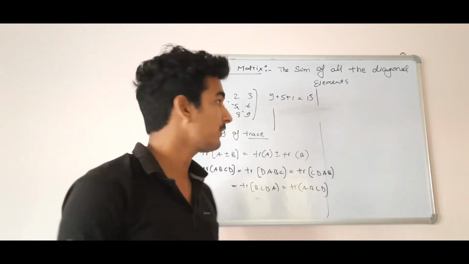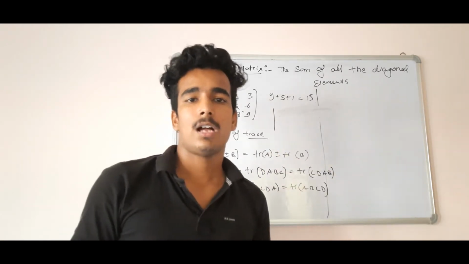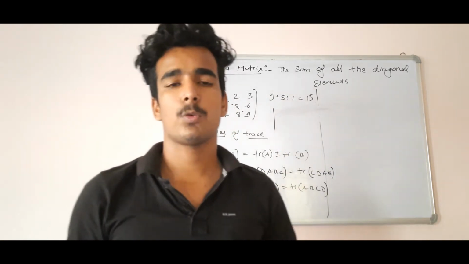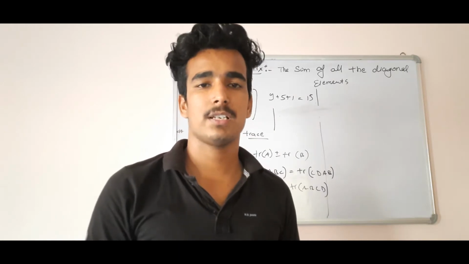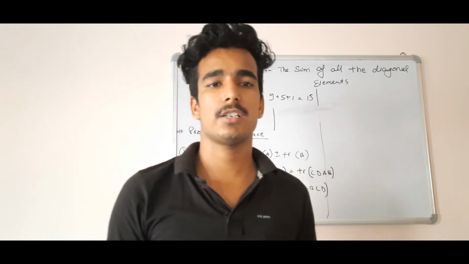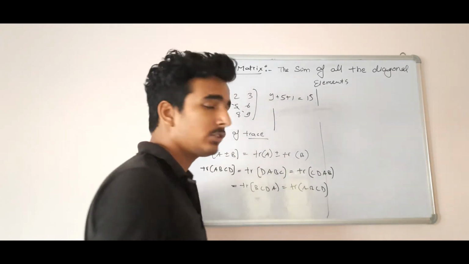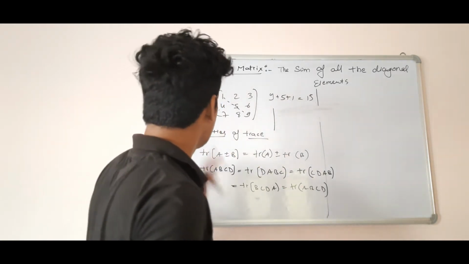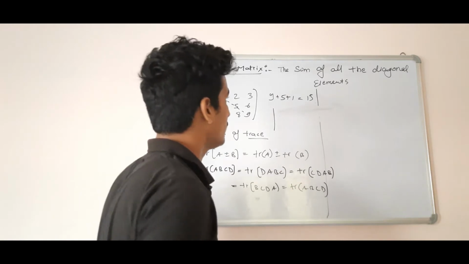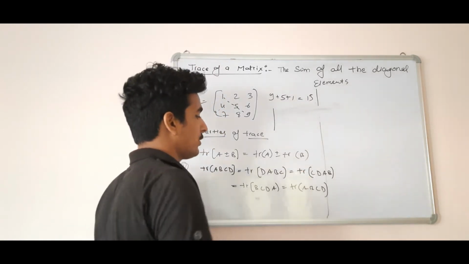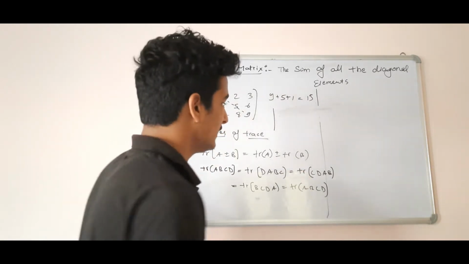After the whole matrix discussion, I'll practice some questions with you which came in previous years of IIT JAM, JEST and TIFR. So keep all these concepts in your mind. Now this is all about trace. It is just the sum of diagonal elements, and these are two simple properties of trace.